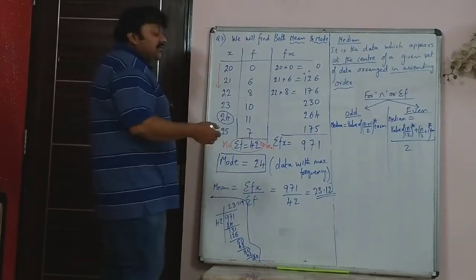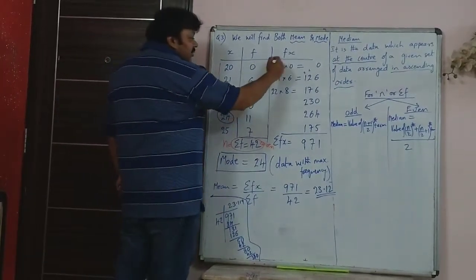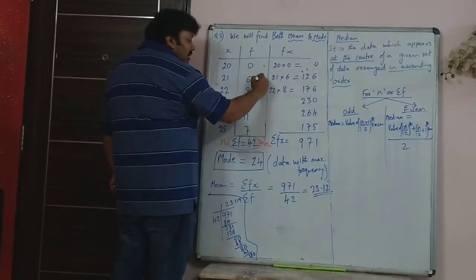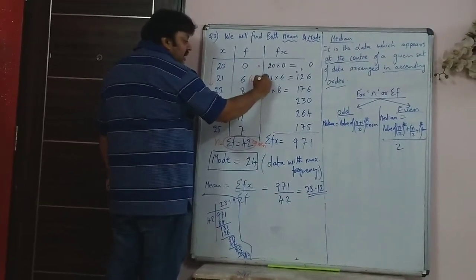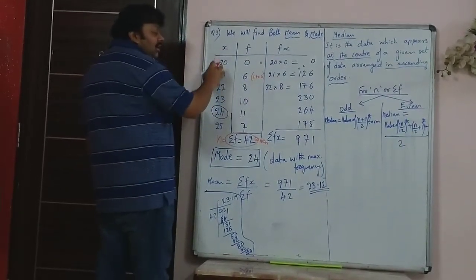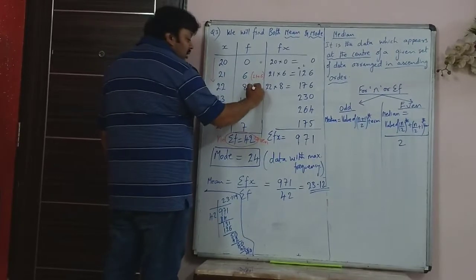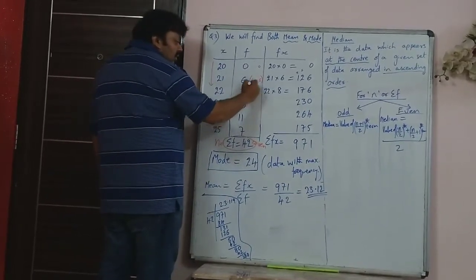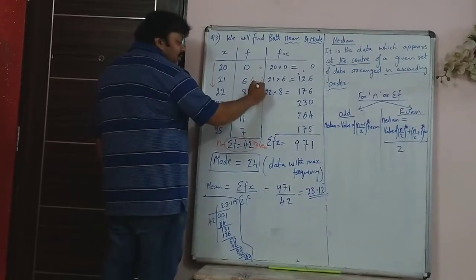So where is the 21st term? This is the first, there is no student here. This is roll number 1 to 6 lies in this group. 1 to 6, all of them have data 21. Then the next 6, that is 7 to, what is the next 6? When you add it up, you will get 14.